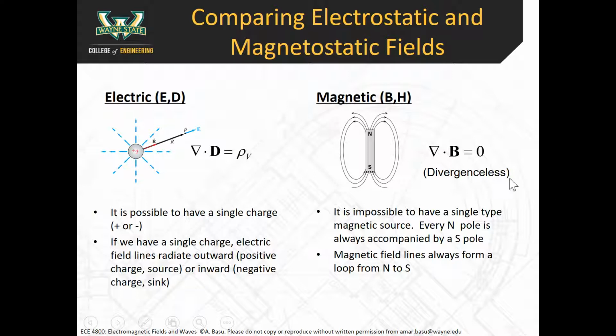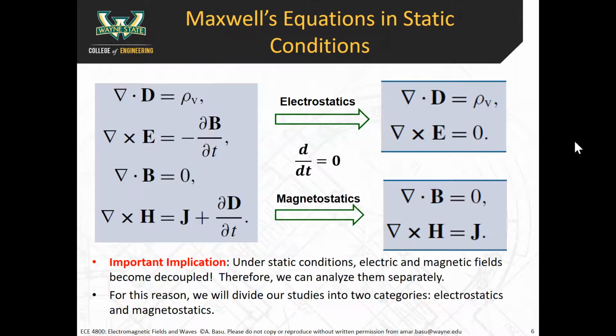The magnetic fields always form little circles. That's one piece of intuition. We'll come back to this in a second, but I just want to point out the differences between electrostatics and magnetostatics. You can have a divergence of an electric field, but you can't have divergence of a magnetic field.